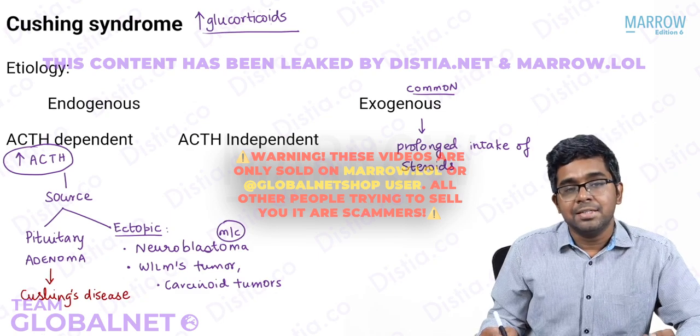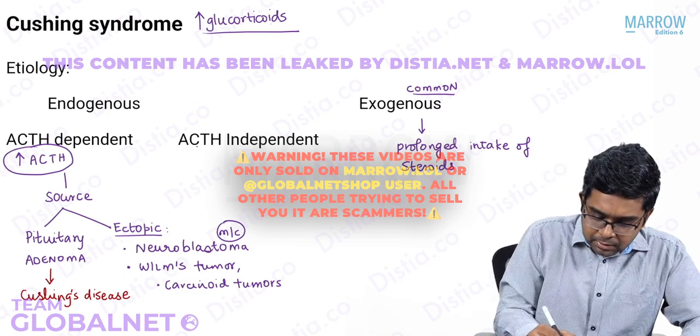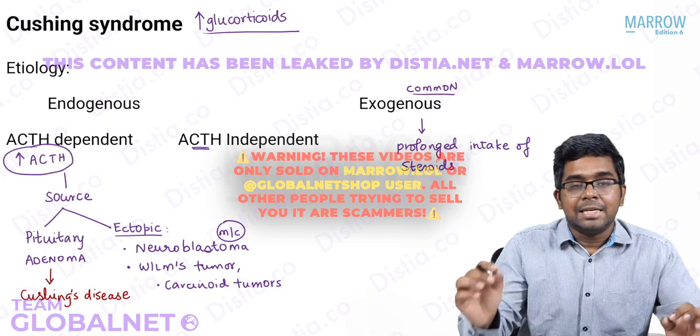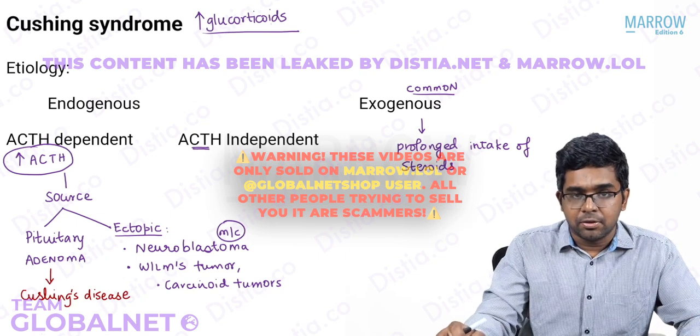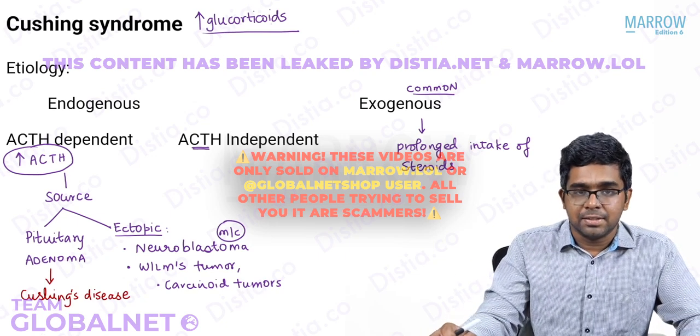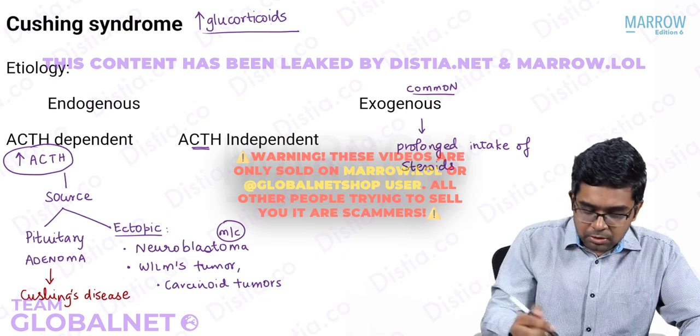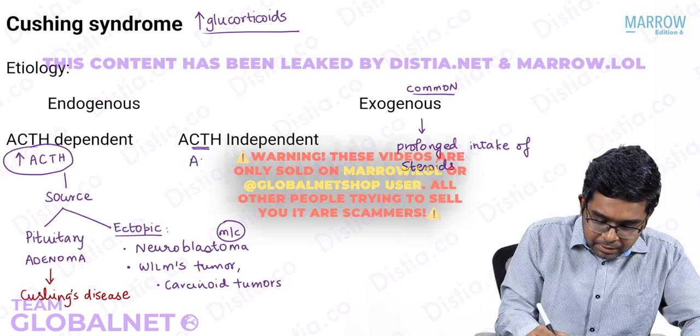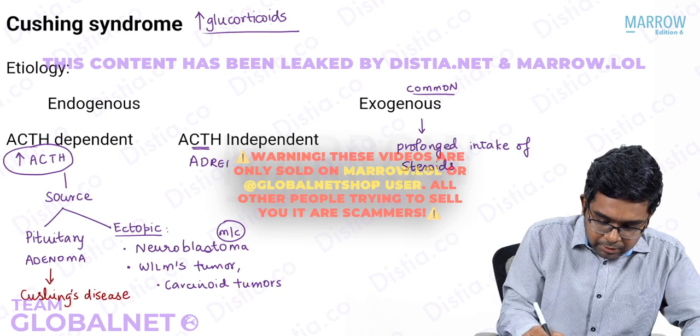Next is the ACTH independent cause. Here, the adrenal gland is secreting the steroids without the influence of ACTH. This is because the problem is in the adrenal gland itself. So it is associated with adrenal pathology.